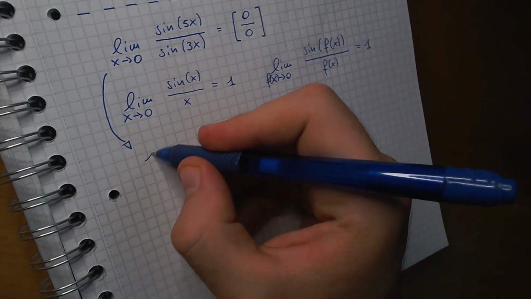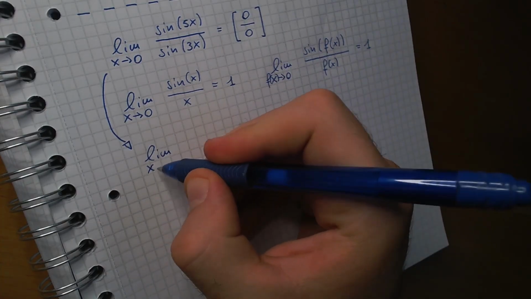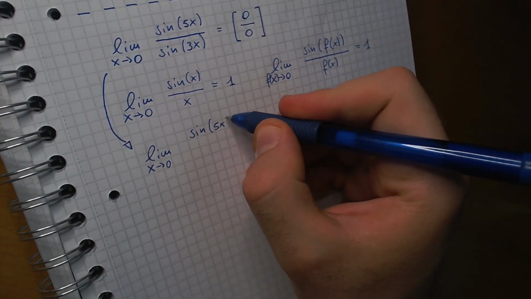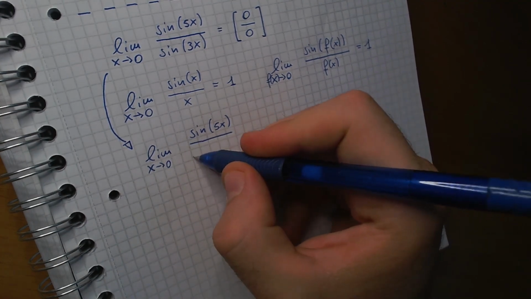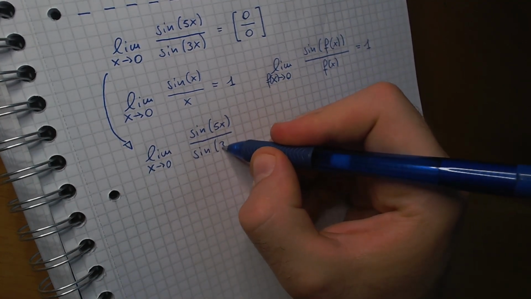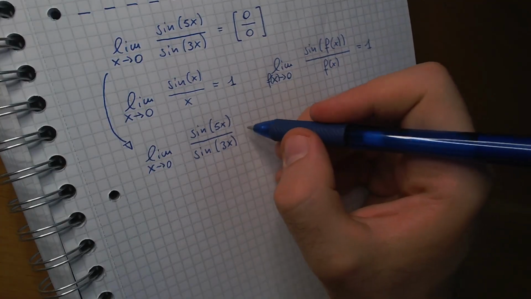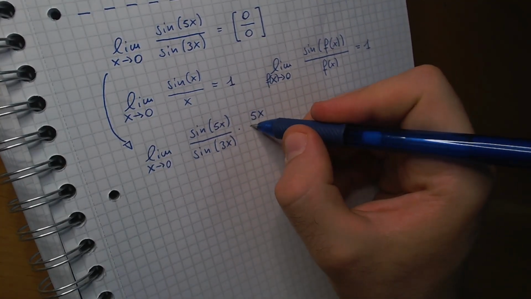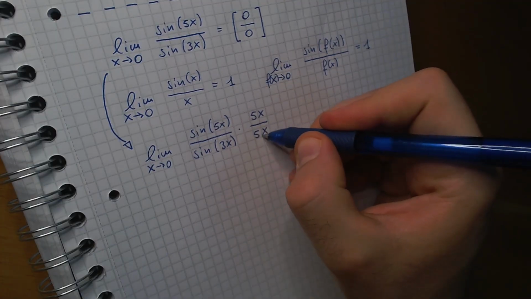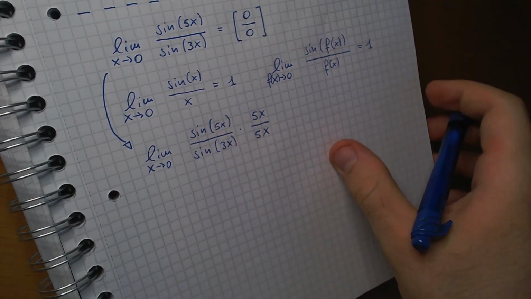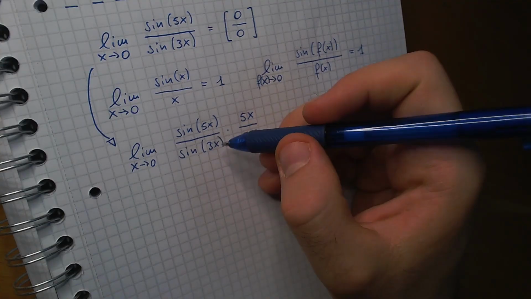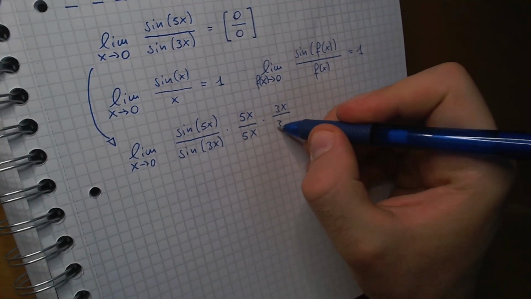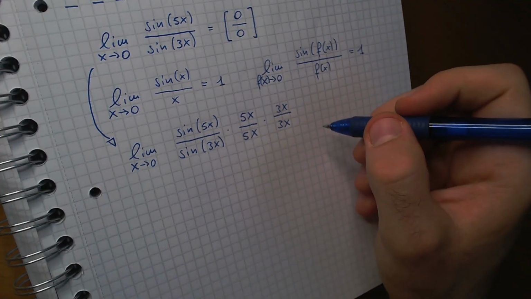functions. So we have again sine of 5x and sine of 3x, and now we multiply by 5 times x and divide by 5 times x, and we do the same with this argument, so we multiply by 3 times x and divide by 3 times x.